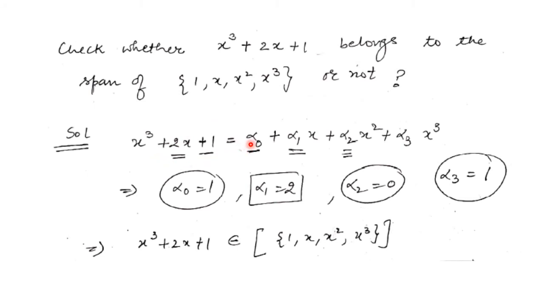Compare the constant term, you get alpha naught is 1. Degree of x, you get alpha 1 is 2. Degree of x square, here there is no x square term, meaning 0, so alpha 2 is 0, and alpha 3 is 1. So we can find the value of each alpha i such that this can be written as the linear combination of this. Therefore this member belongs to the span of this.